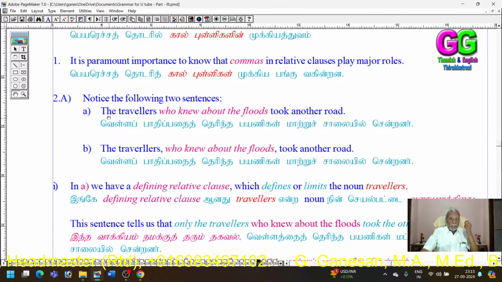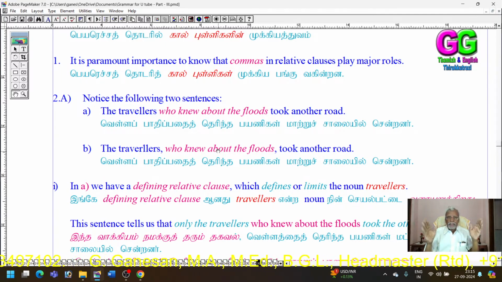The first sentence is: The travelers who knew about the floods took another road. The second sentence is: The travelers, who knew about the floods, took another road. My dear students, both these sentences have the same words in the same places.